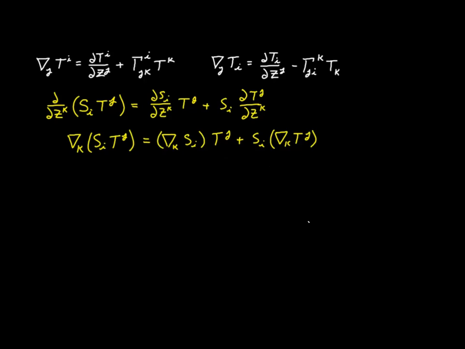Now the second guiding principle is that when we apply the covariant derivative to affine coordinates, we expect that the expression will reduce to the correct expression using simple partial derivatives. And let's see if that works. In affine coordinates, this expression is just going to be this.